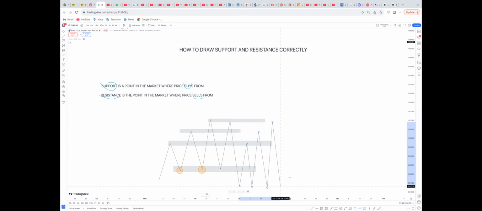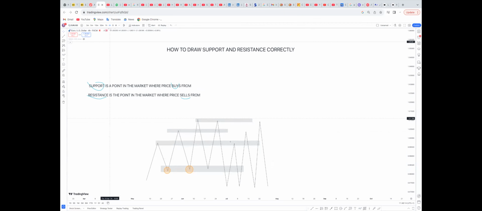Do you understand? So it's very understandable that market can break either your support or resistance and market can still respect it at a later point in time, right? All of that is market just trying to hunt for liquidity. We're going to go into that, but for now, let's get into drawing our support and resistance.